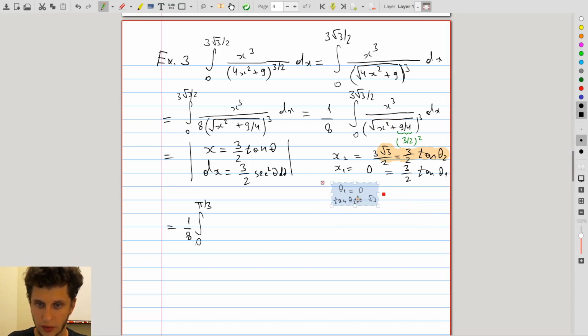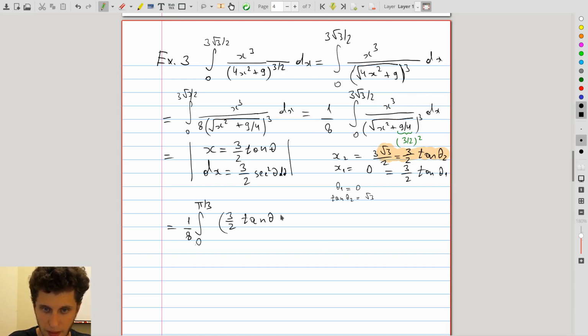So let's go ahead and do that. In the integral we have x cubed, which is replaced now with 3/2 tangent theta, and it is cubed. In the denominator I have the square root of (3/2 tangent theta) squared plus (3/2) squared.